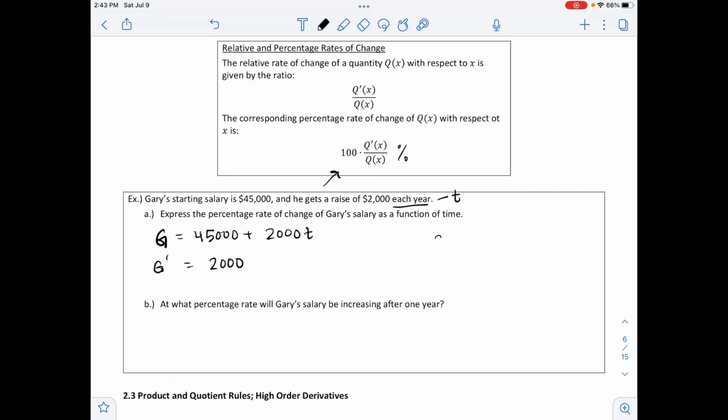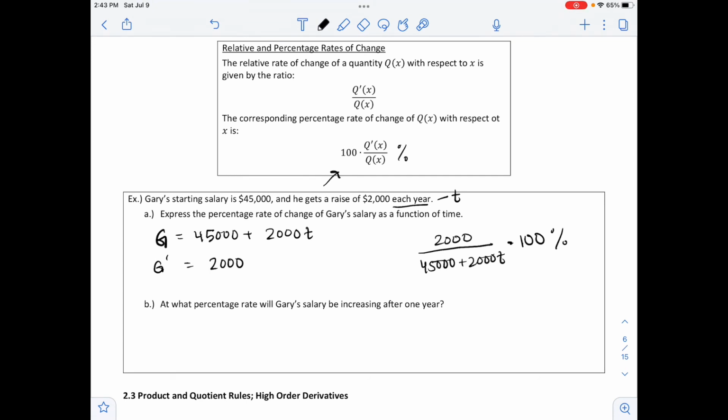And so it's going to be our derivative, which is 2,000, divided by our function, which is 45,000 plus 2,000 T times 100. And again, if you wanted to throw that percentage symbol on there, you definitely can.